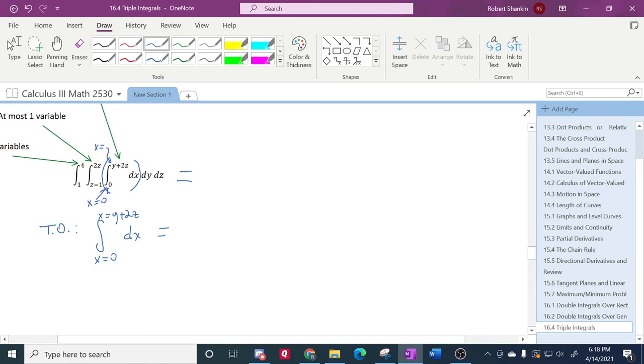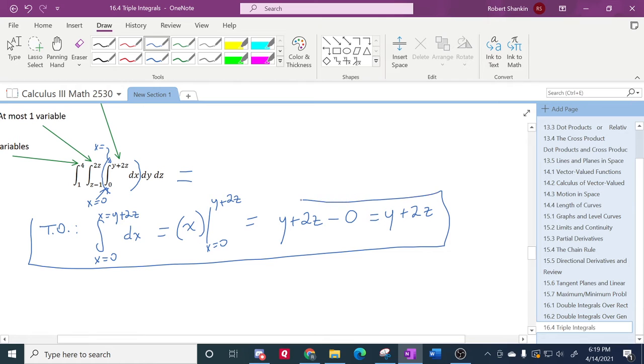We need an antiderivative of 1 with respect to x, and that's x. And then evaluate it from 0 to y plus 2z. When you substitute y plus 2z, you get that. When you substitute 0, you get that, which is y plus 2z. So this is going to take the place of this, which I'm going to call a.